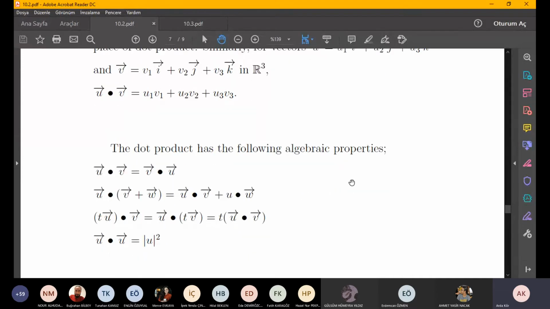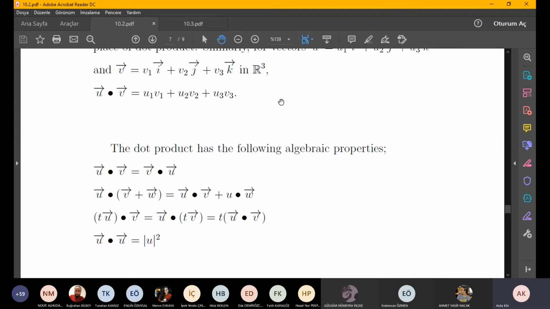So let's see, after the definition of that product, what the algebraic properties are. Of course you can write this expression as v1 times u1 plus v2 times u2 plus v3 times u3, because in real numbers you have that rule.